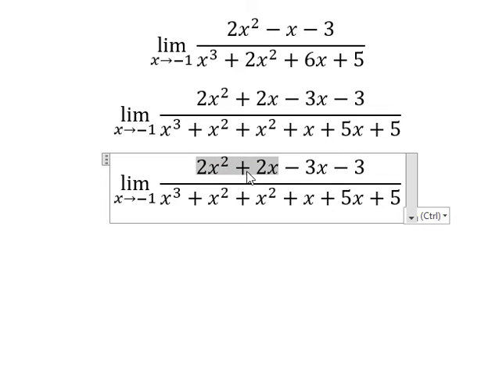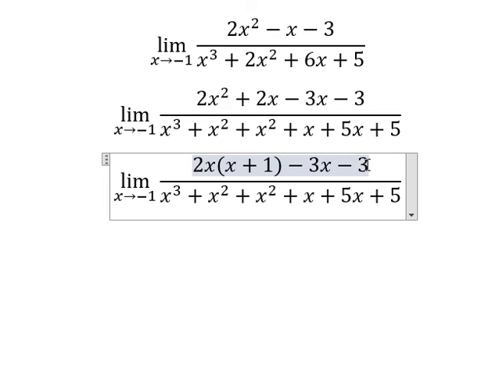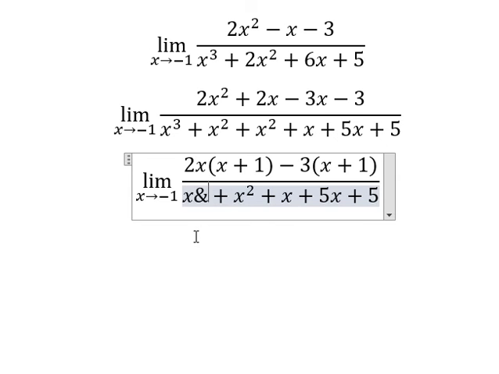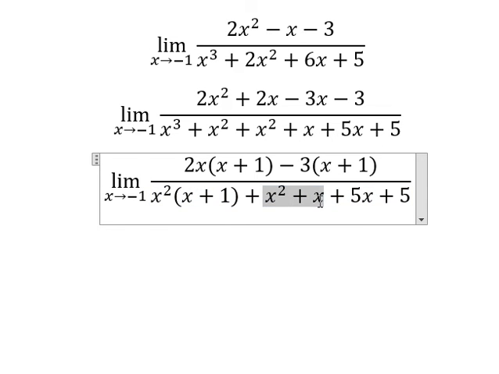This one we can do about factorization by 2s. This one by negative number 3. This one by s squared. This one by s.